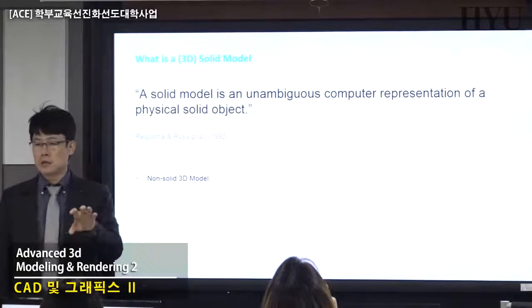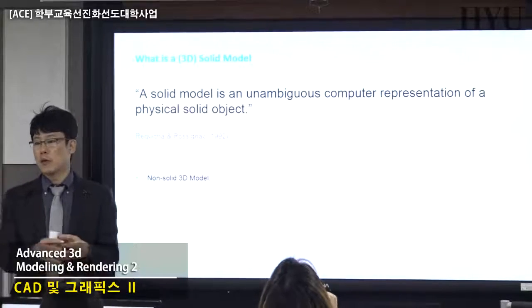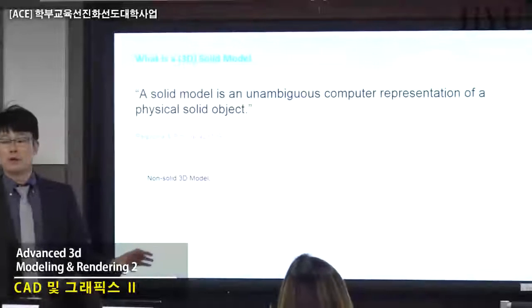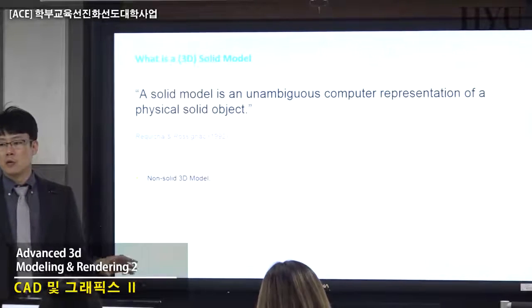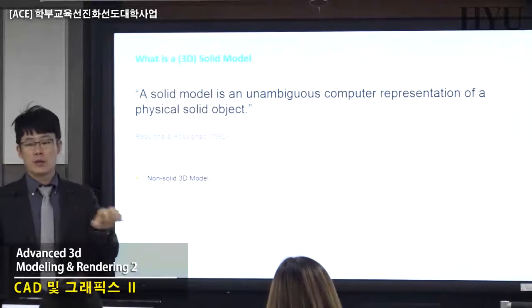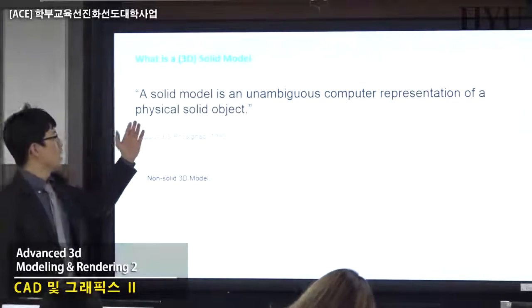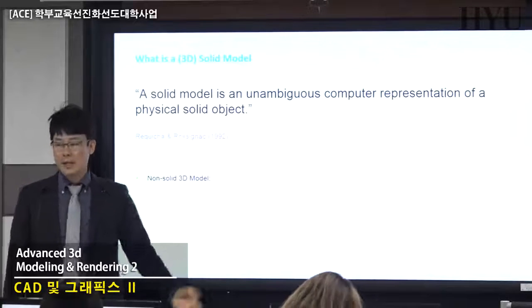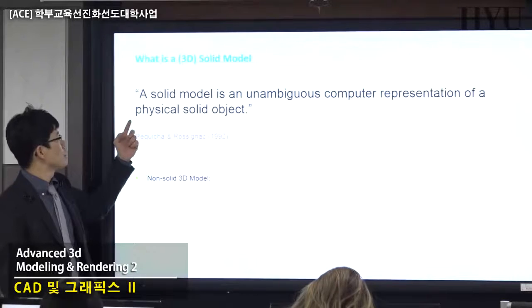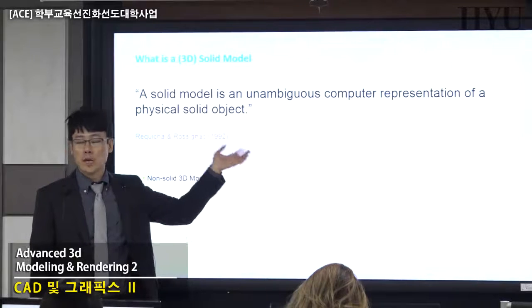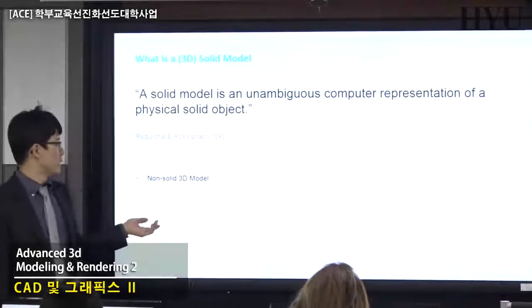You are not designing game items, game characters, or a game environment. A game environment is totally virtual, cyberspace. You don't need to take care of its thickness or what's inside the material. But our subject is all in the real world, physical solid objects. So being without ambiguity is one important aspect.